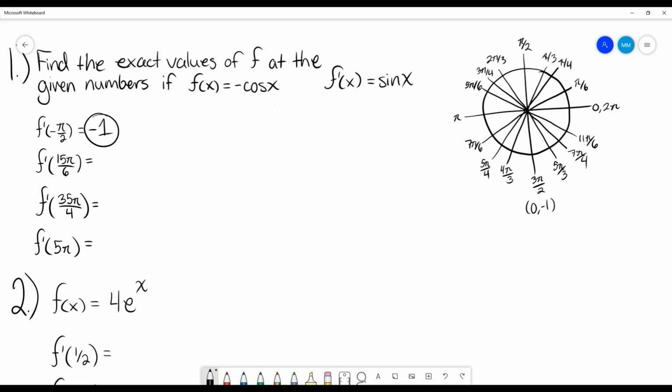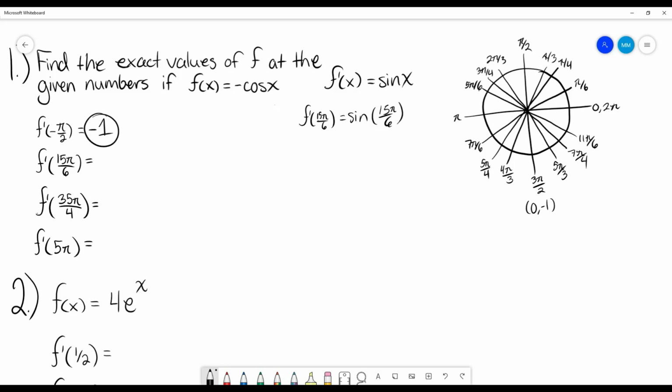Okay, now, same thing. If we have f prime of 15 pi over 6, that's the same as sine of 15 pi over 6, because our f prime is sine of x. So 15 pi over 6, we can clearly see goes around our unit circle at least a couple of times.